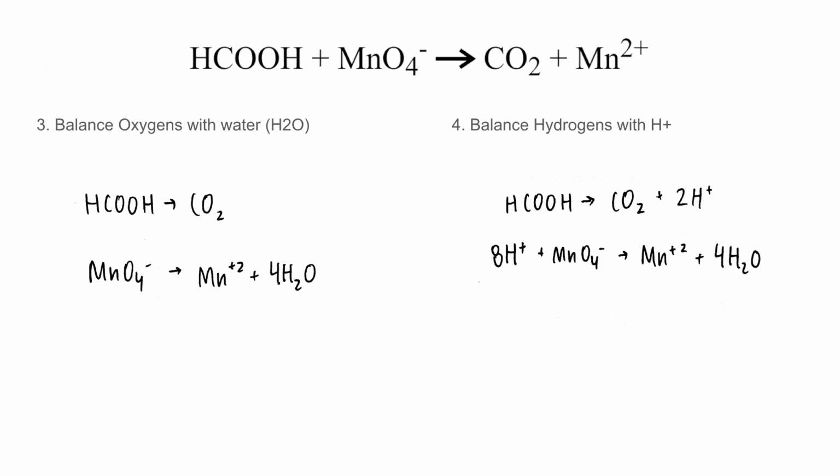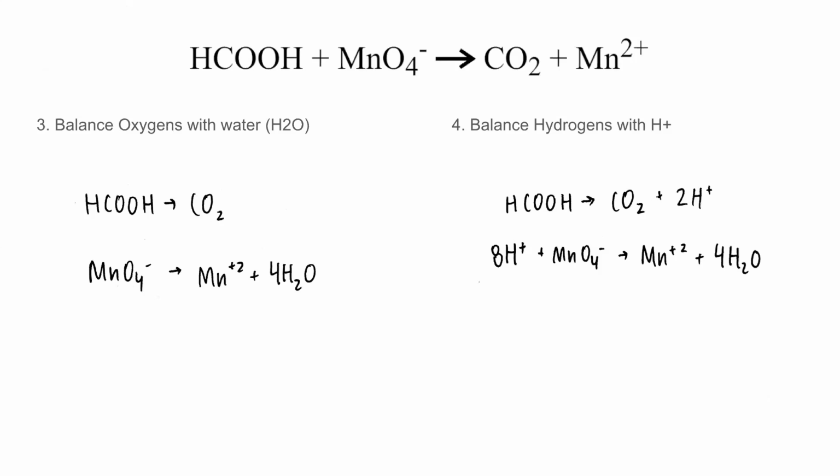After that, we need to balance the oxygens with water. For our first half reaction, we don't need to add any water because there are two oxygens on the reactant side and two oxygens on the product side. However, for our second half reaction, there's 4 oxygens on the reactant side.